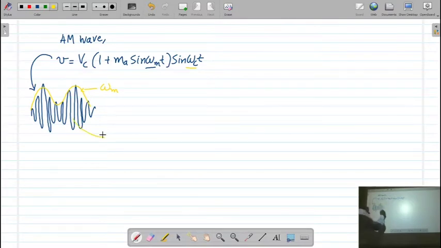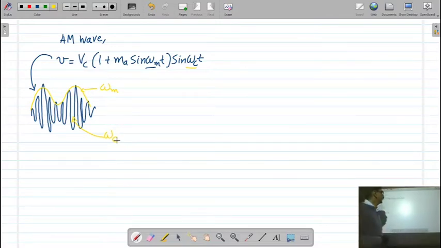So the modulated wave contains two different frequencies: one is a very low frequency, that is my modulating wave, and the other is a very high frequency, that is the carrier wave omega c. Now if we expand this expression, you will find that two more frequencies are also present.